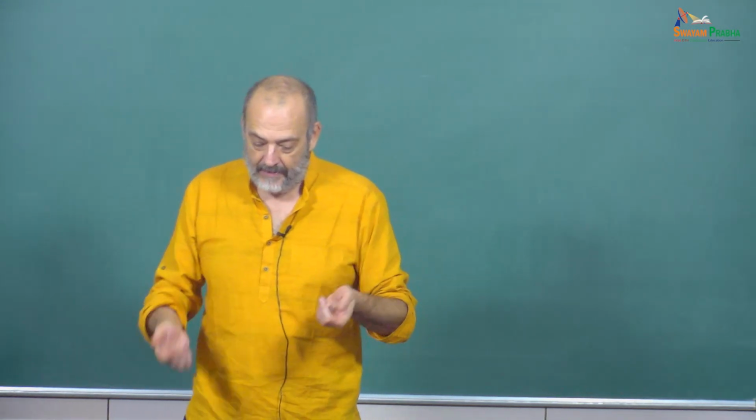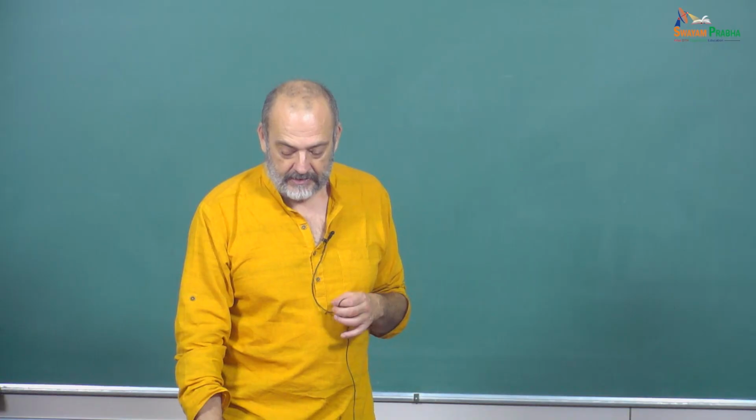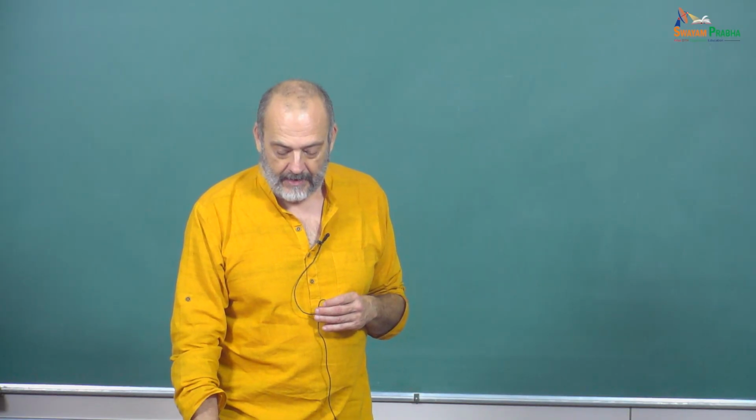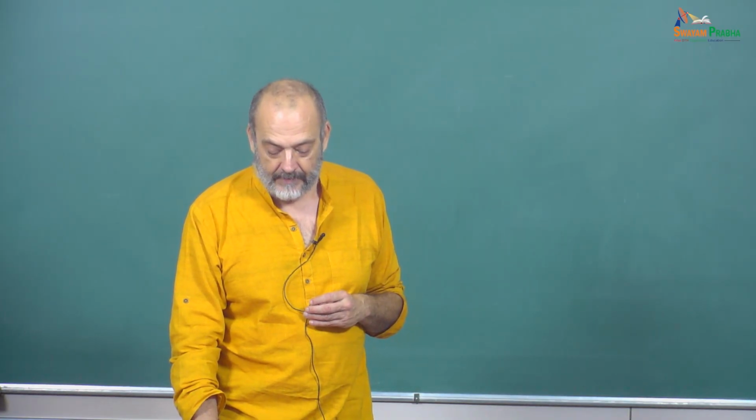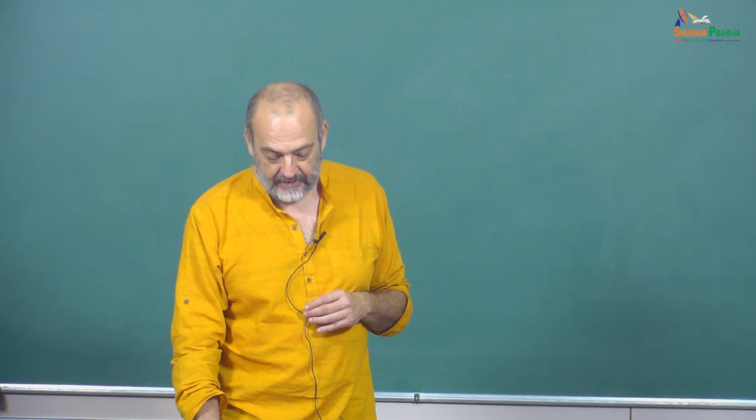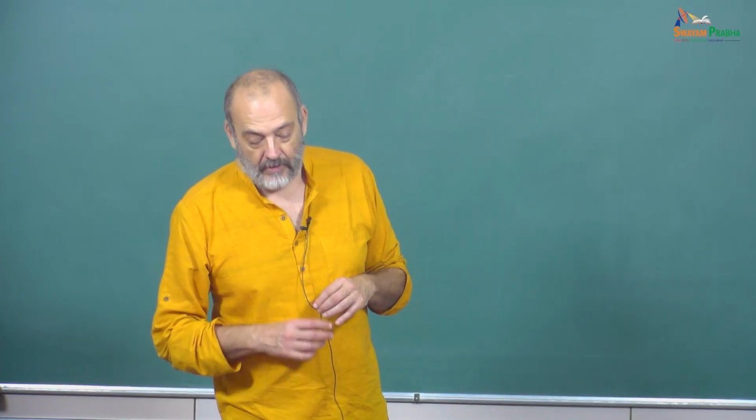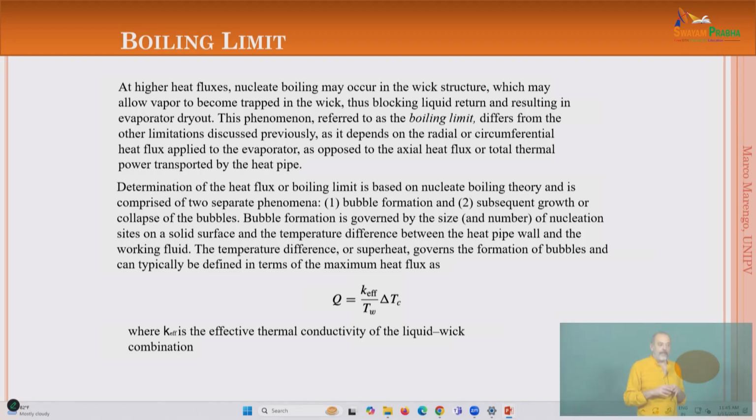So using the effective length, we can write the delta PL, and also the delta PV. So in this case, we have an estimation.